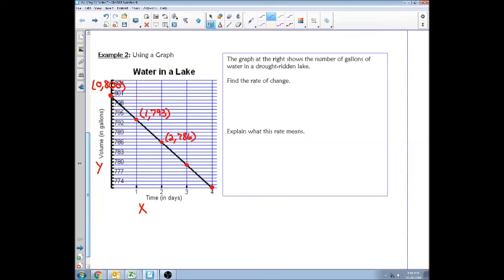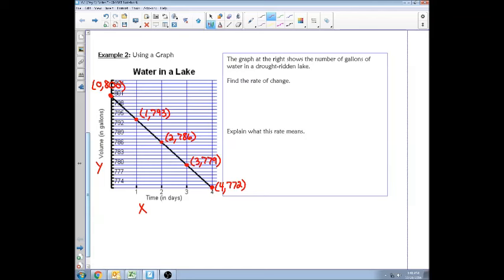For the next point, my x would be 3, and my y would be 779. And my last point, my x would be 4, and my y would be 772. I wouldn't necessarily have to mark all those points, but I just wanted you to get a feel for what I'm looking at, okay?